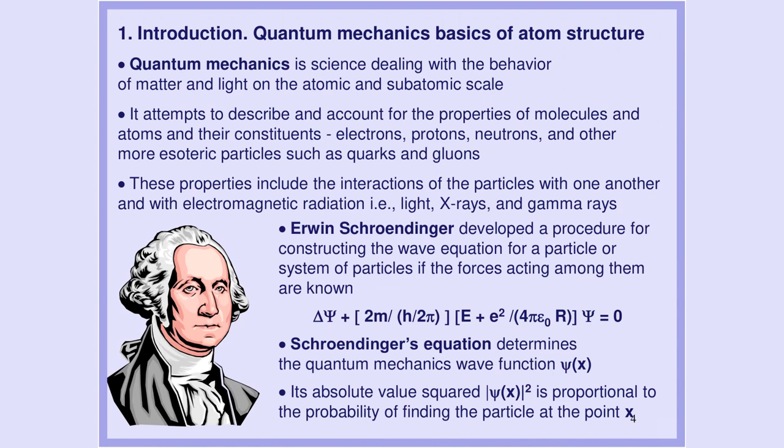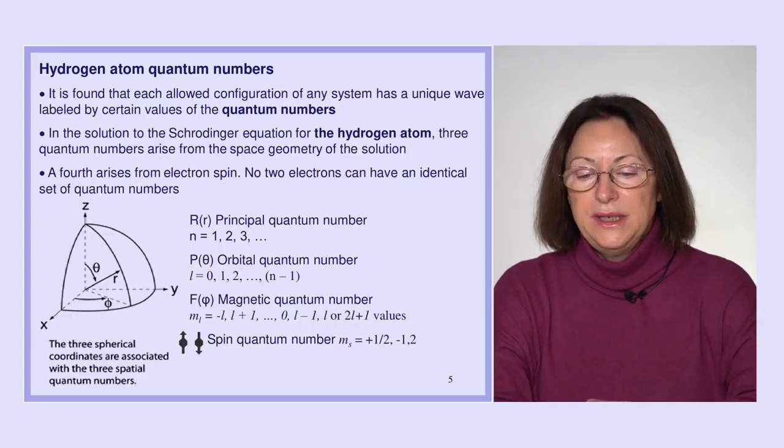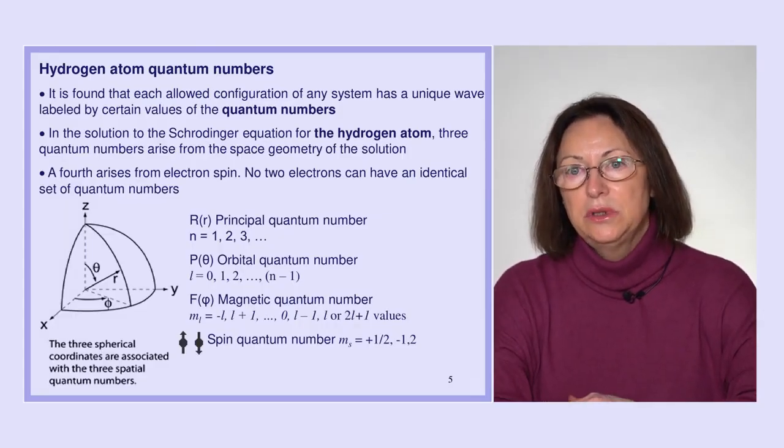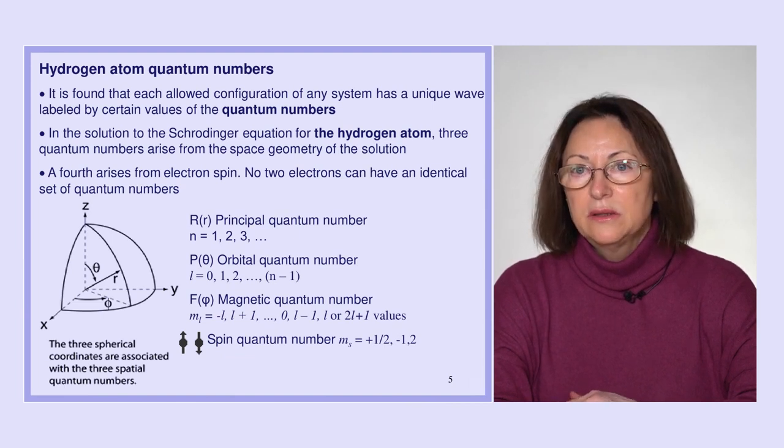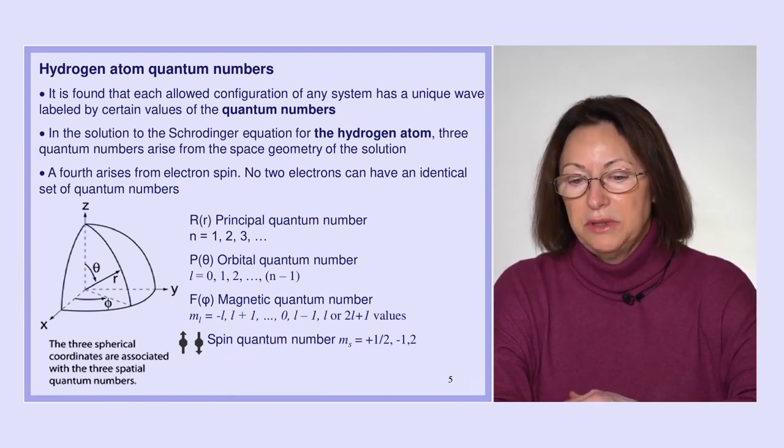This equation you can see at this slide, and Schrödinger's equation determines the quantum mechanics wave function. Its absolute value squared is proportional to the probability of finding the particle at a particular point in space.